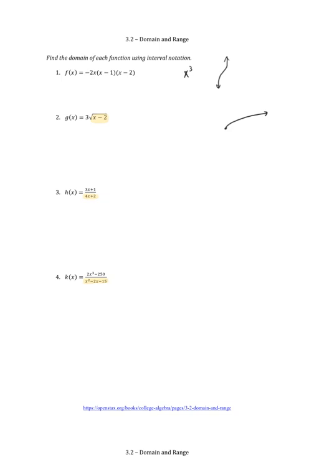If you don't have one of these cases, for most of your college algebra experience, you're going to see that these are the cases you're looking to define your domain. If you don't have one of those cases, like in number 1, your domain is going to be all real numbers. It's not restricted in any way. X can take on any value.